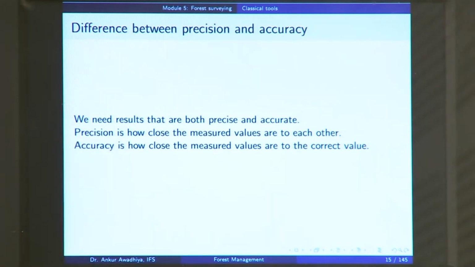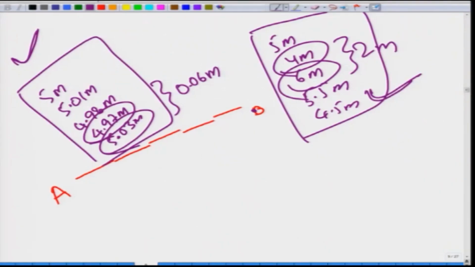Now, in this case what we are saying is that suppose the actual distance was 5 meter and one person has taken 5 readings which are say these, and the second person has taken 5 readings that are very precise.